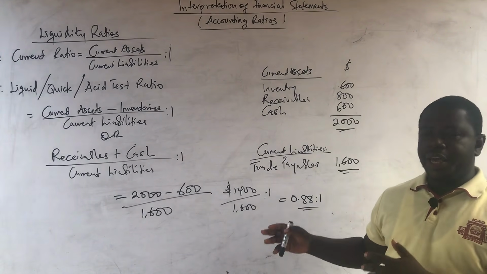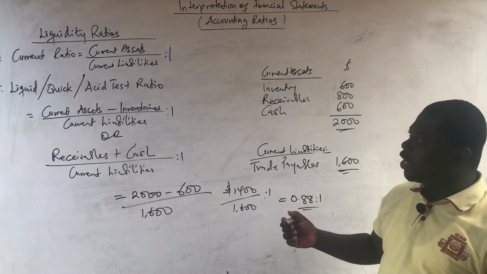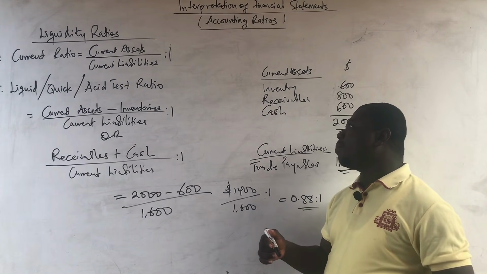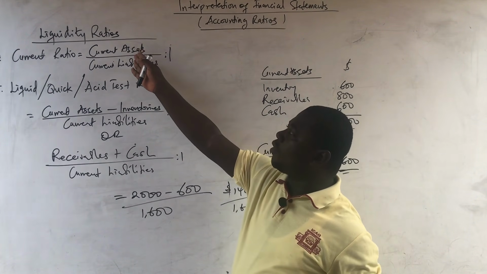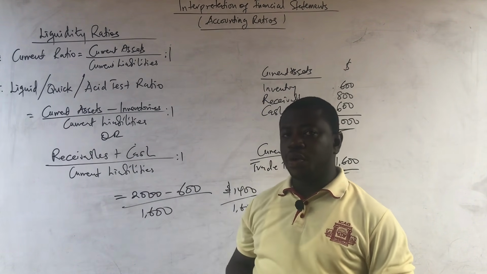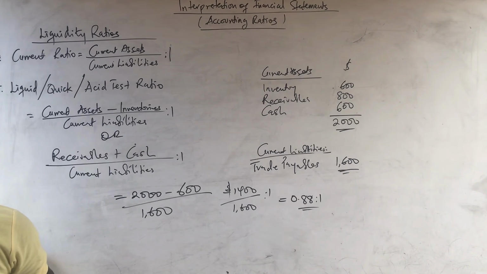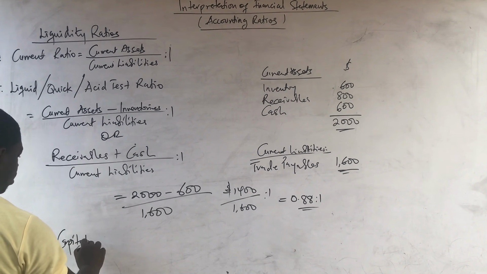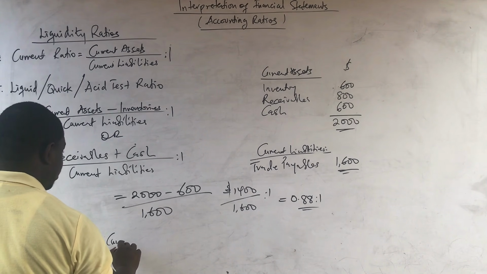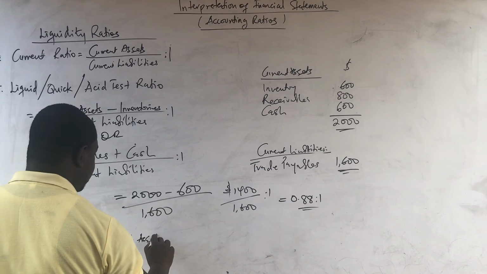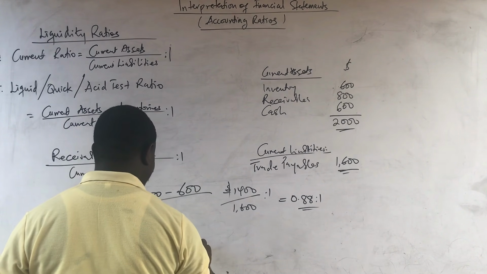Of course, if there is any other thing to talk about as far as liquidity is concerned, it is the working capital. And the working capital is about just converting this ratio into absolute figures. And so the working capital itself is going to be current assets minus current liabilities.